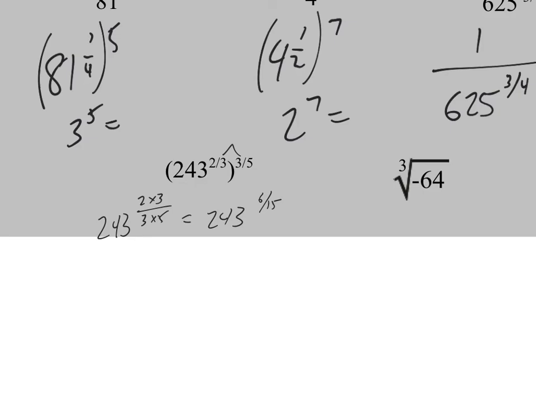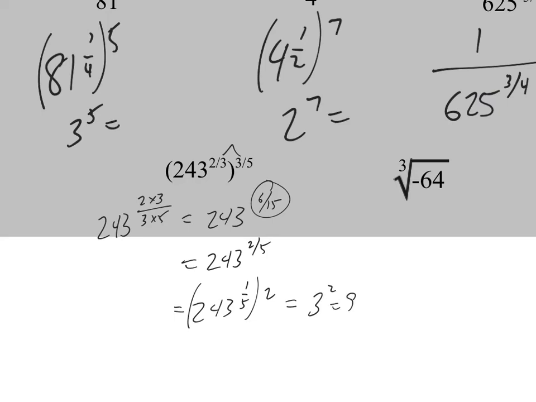That seems like it's extraordinarily difficult here. So what I'm going to do is reduce that fraction first. So this is the same as 243 to the 2/5. So this is 243 to the 1/5 squared. Well, 243 to the 1/5, this is again why that chart would be helpful. That is 3, so it's 3 squared.